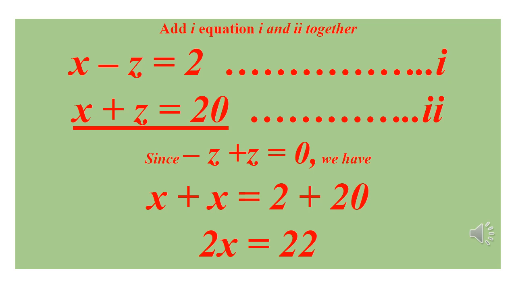Then we add the two equations together. If we add together, we have x plus x will give us 2x. Minus z plus z will give us 0. That will be eliminated. Then 2 plus 20 will give us 22. So we have 2x equals 22.